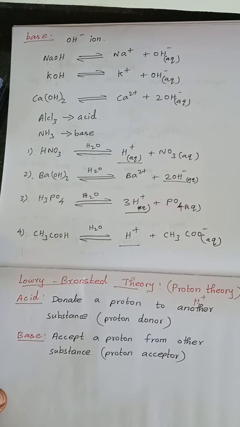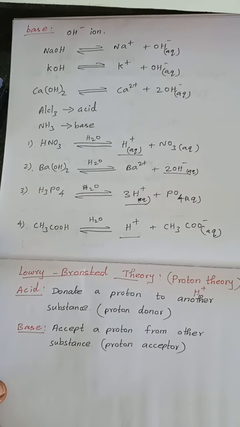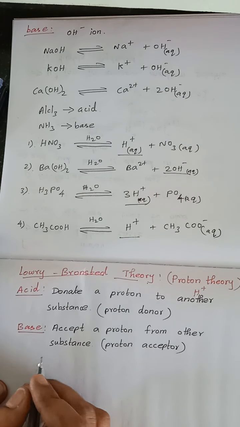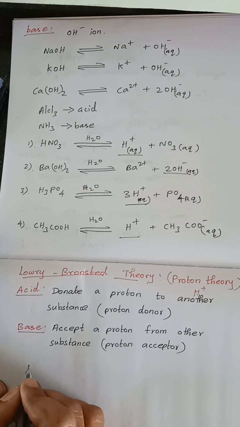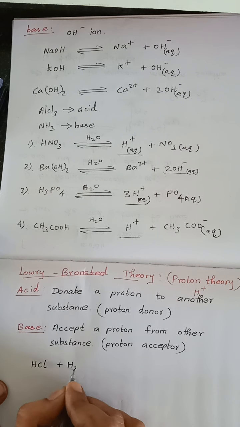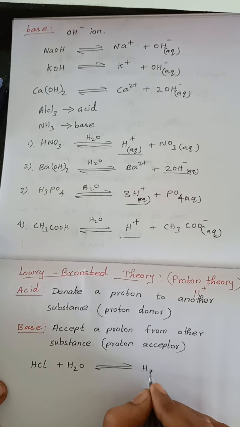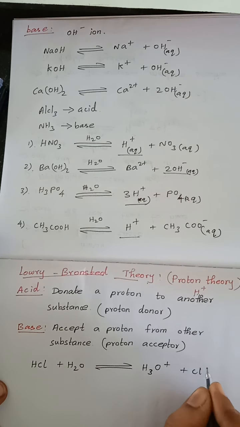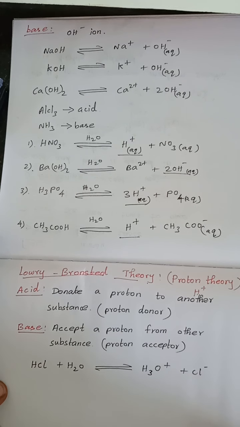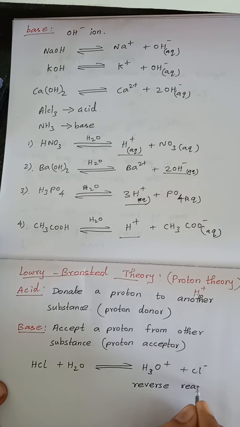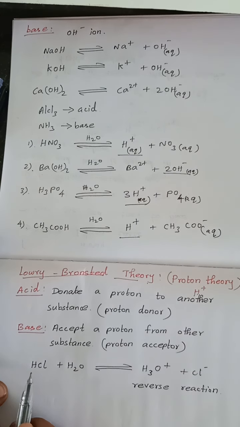In this reaction, hydrochloric acid, HCl, reacts with water. It is a reversible reaction forming hydronium ion, H3O plus, and Cl minus.